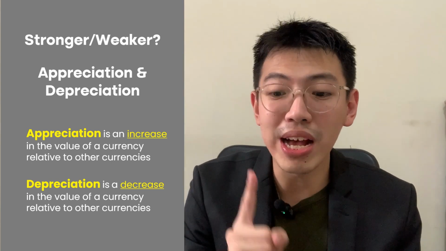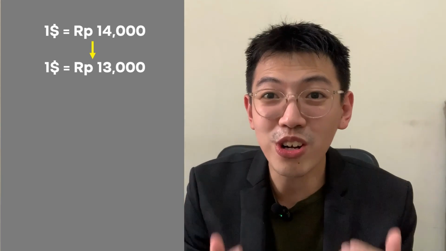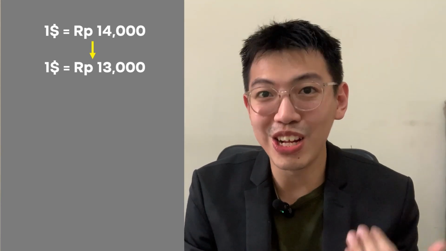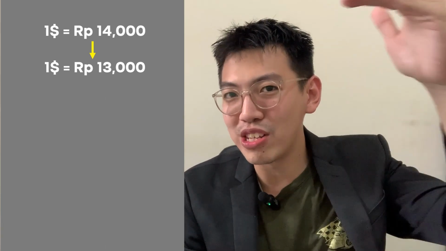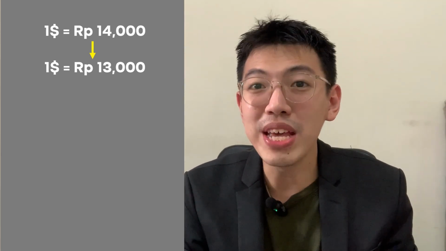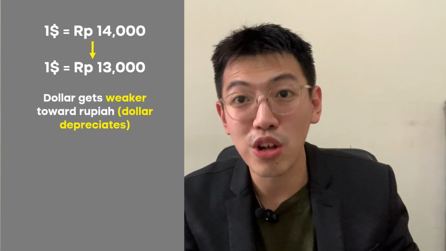Example, $1 equals to 14,000 rupiah, and then it becomes $1 equals to 13,000 rupiah. We can see here that $1 toward rupiah is decreasing. We can say that dollar gets weaker toward rupiah.